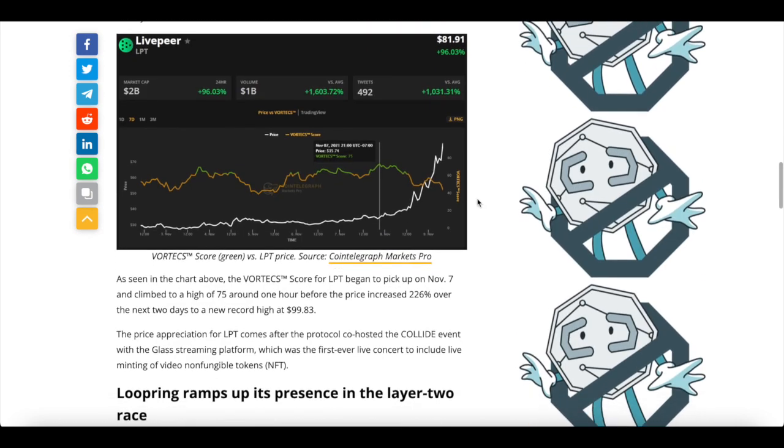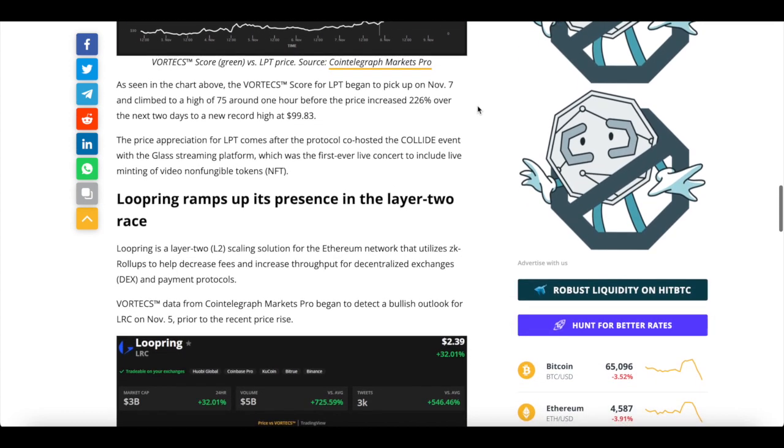You're putting this in comparison with something like Livepeer. Livepeer has significantly less cryptocurrency in circulating supply, so you have to take that into consideration. Livepeer and Loopring have completely different supplies. Therefore, the 24-hour gains could be completely different sometimes on a given day.